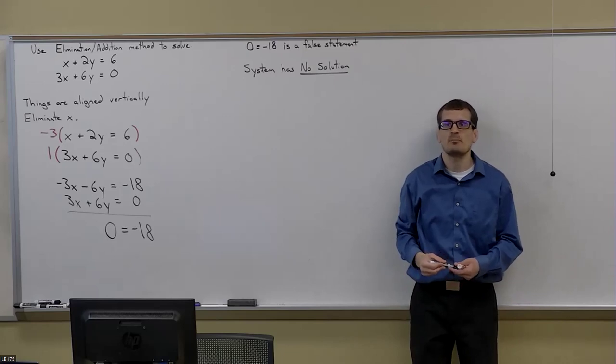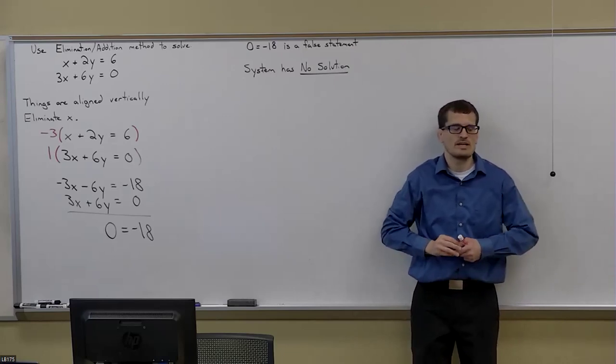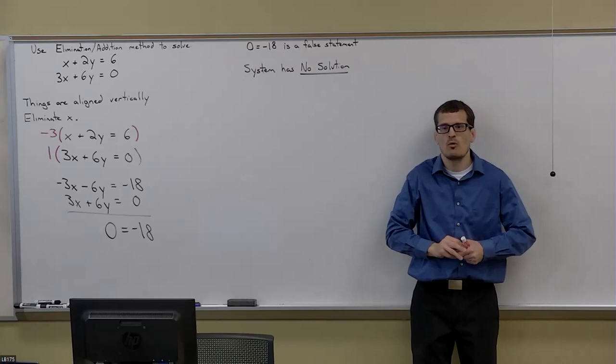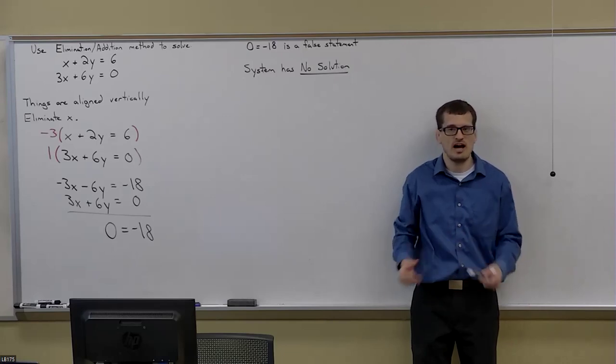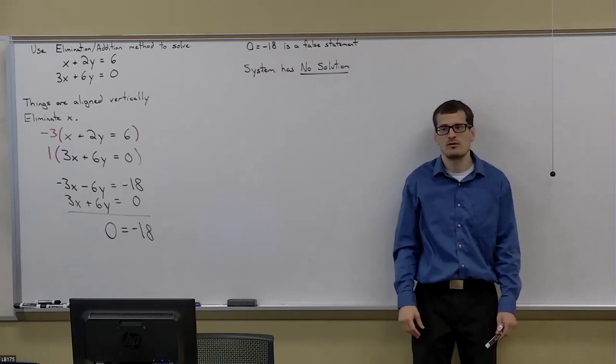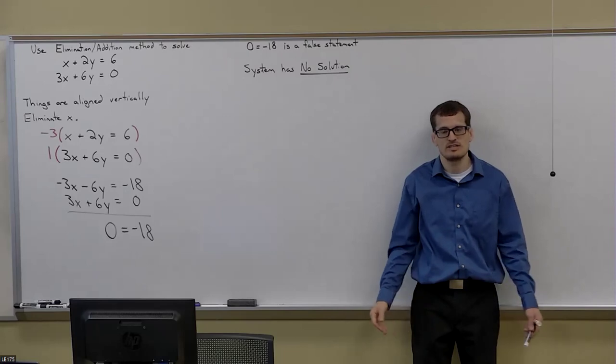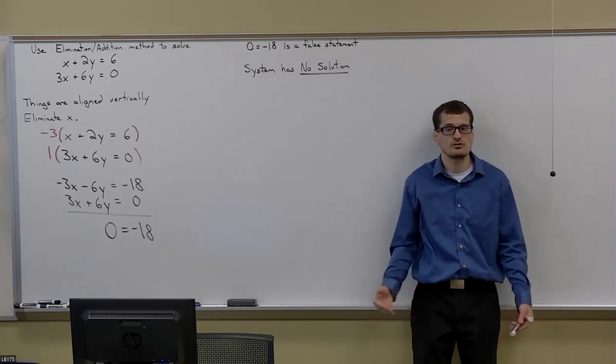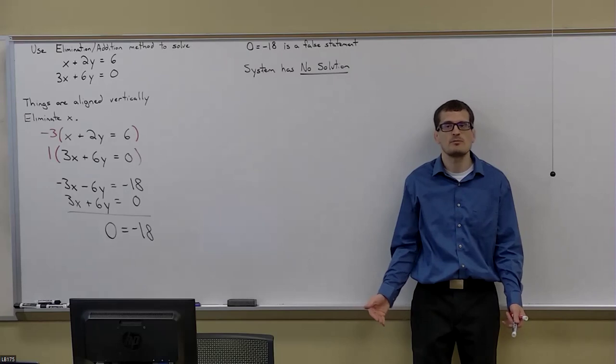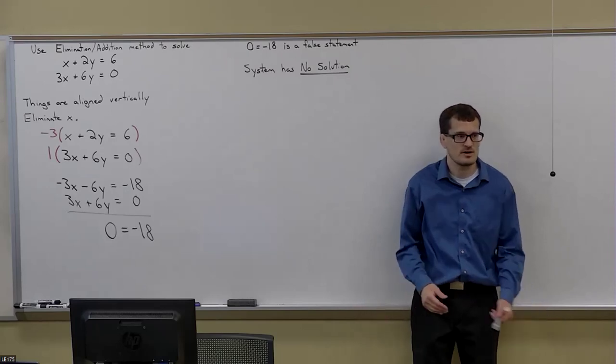If we ended up with 0 equals 0, or 5 equals 5, or negative 32 is equal to negative 32, if we got a true statement, that would be the case where we get infinitely many solutions, right?